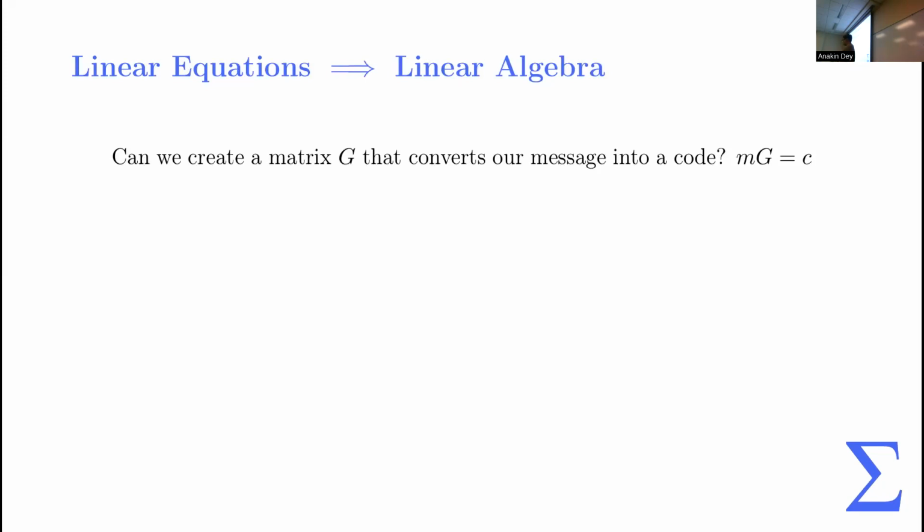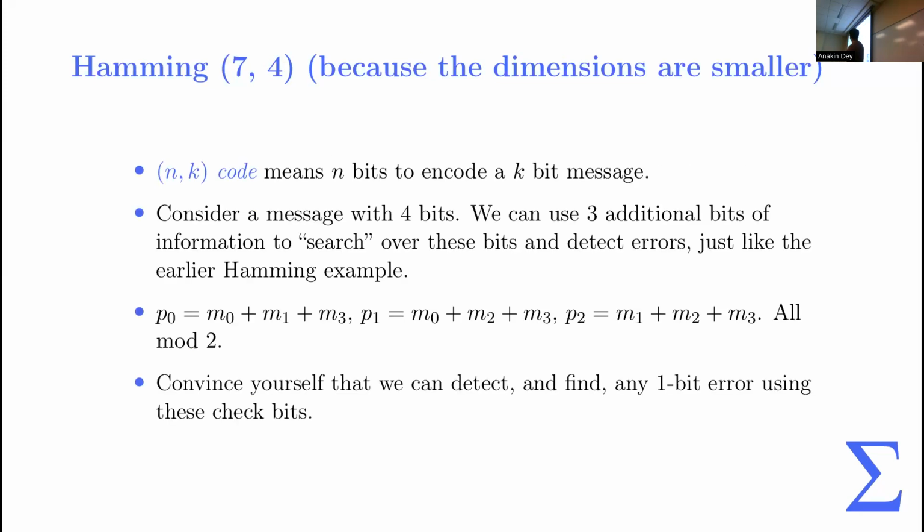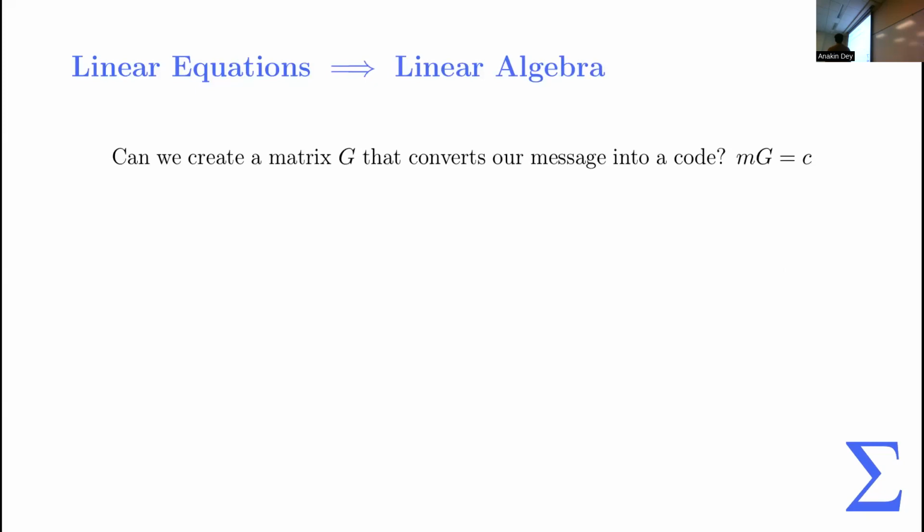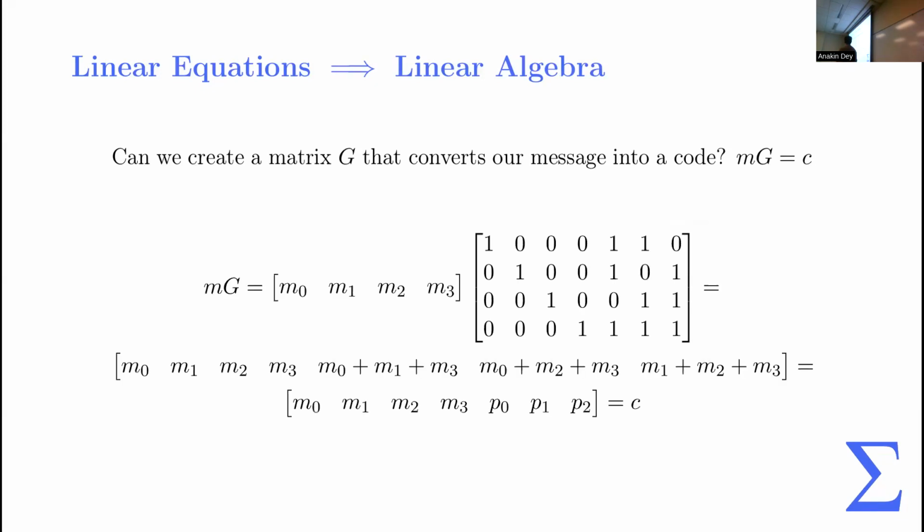Okay, so one of the neat things about this is that these are linear equations, all mod 2, and linear equations imply that we've got linear algebra. So what that sort of means is, can we make a matrix G such that when we take our message and multiply it by that matrix, we get that encoded code word with those additional 3 bits? Code word, not ciphertext. We can.